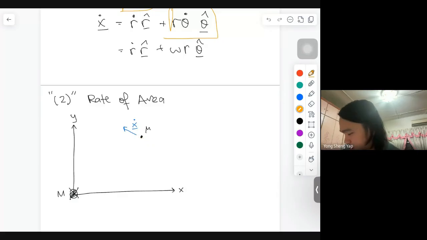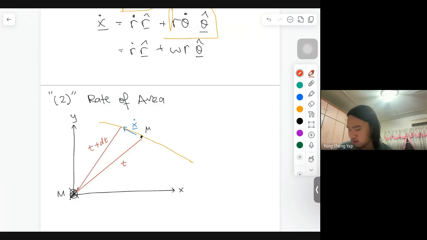So at some time t it was here, and then at some next time t plus delta t, it has moved a little bit. And this movement of the reduced mass would sweep up an area from the center of mass.